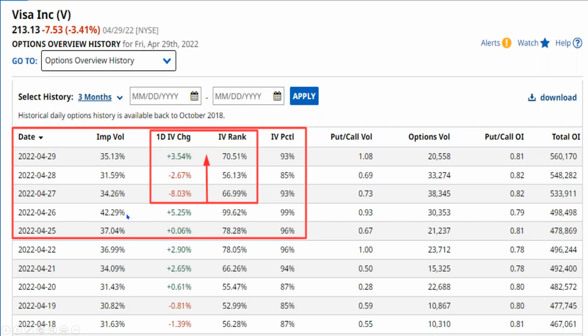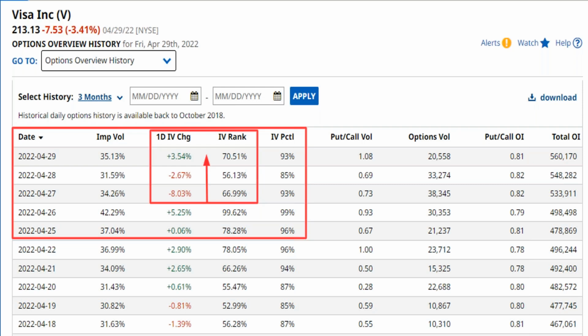And on the day of that earnings, we can see that our implied volatility rank and percentile was in the 99th percentile, right? That's telling us that our implied volatility was the highest it's been for this particular stock for the last year. And that's what we typically see in all stocks leading up to the earnings date.